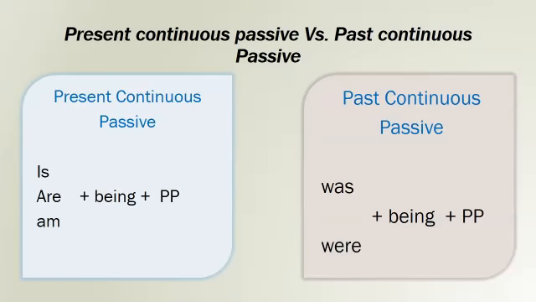Now let's try to find the differences between changing present and past active sentences to the passive voice. As you can see, the only difference is in the auxiliary verbs. Instead of using is, am, or are in the present continuous, we use was or were in the past continuous. Was is used for the pronoun I and all singular nouns and pronouns, whereas the auxiliary were is used with plural nouns and pronouns.